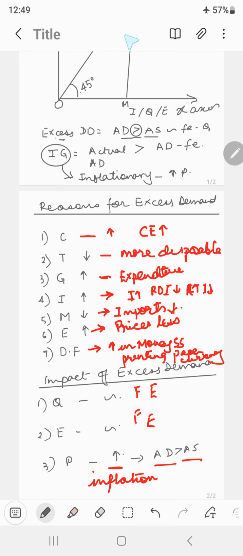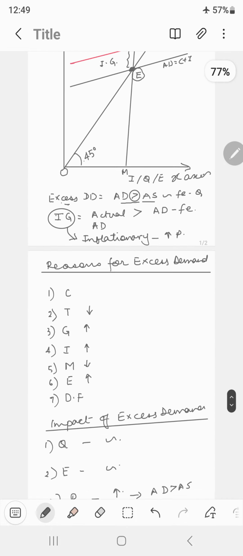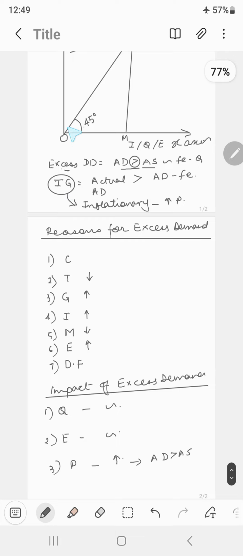So when we are doing this topic, we must know three things. Number one is explanation of the graph, second is reasons for excess demand, and the third is impact of excess demand. We must know how to explain the definition of excess demand. We must know how to explain what is inflationary gap.